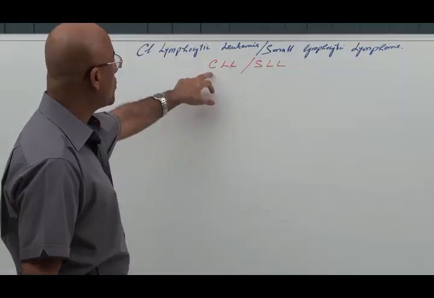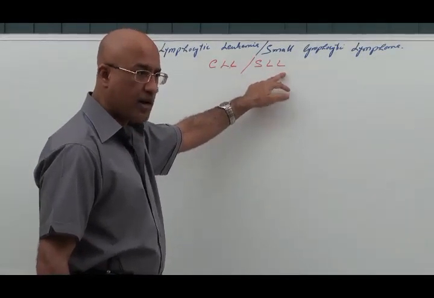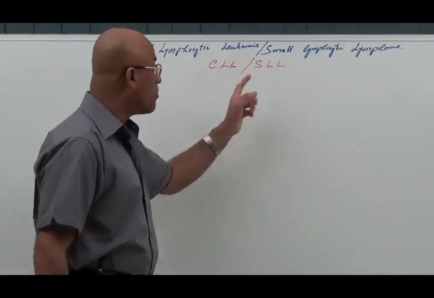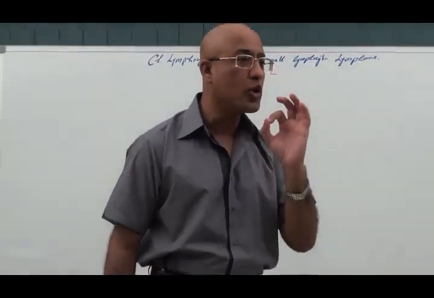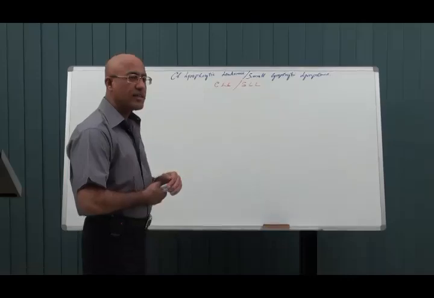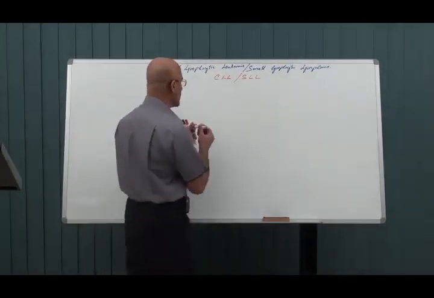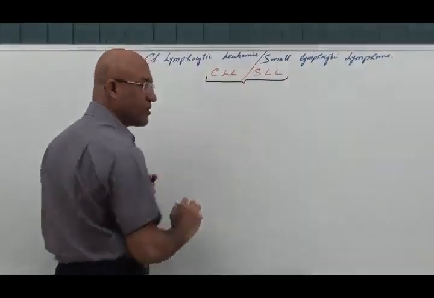When we say chronic lymphocytic leukemia or small lymphocytic lymphoma, basically the common thing in these 2 conditions is that both of them have small, relatively mature lymphocytes as the leukemic cell. The leukemic cell and its biology in both conditions is the same.